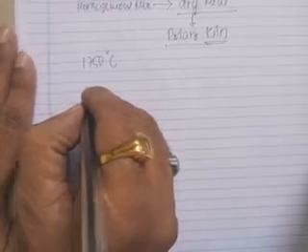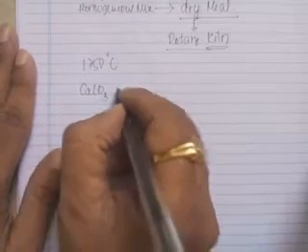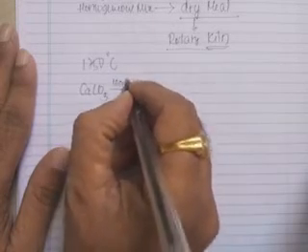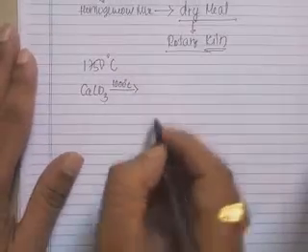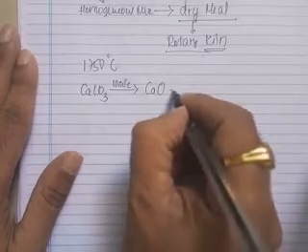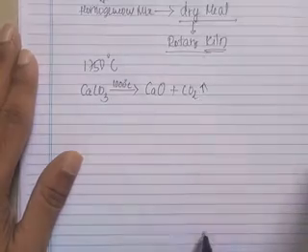Limestone, CaCO3, when the temperature reaches 1000 degrees Celsius, decomposes into calcium oxide.